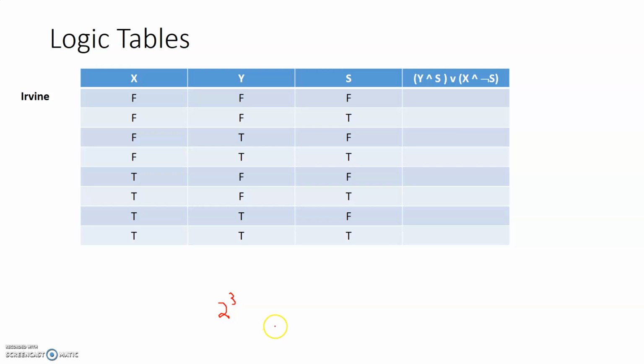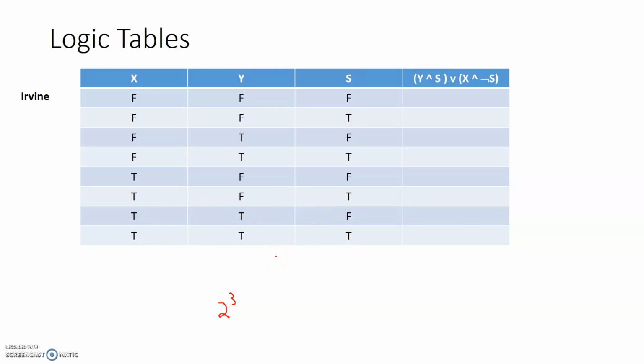So we need 8 rows where they're different: false, false, false; false, false, true; false, true, false; false, true, true; true, false, false; true, false, true; true, true, false; true, true, true. Each of these is unique in terms of the rows.